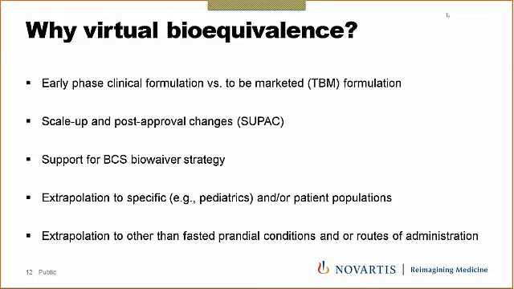And as you already mentioned, with quite some success recently in other routes of administration, for example intradermal administration, or also extrapolation to different prandial conditions or other scenarios where we have, for example, drug-drug interactions with acid-reducing agents.